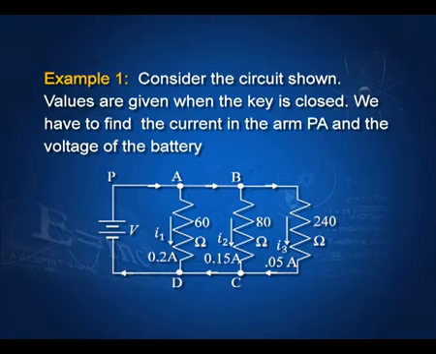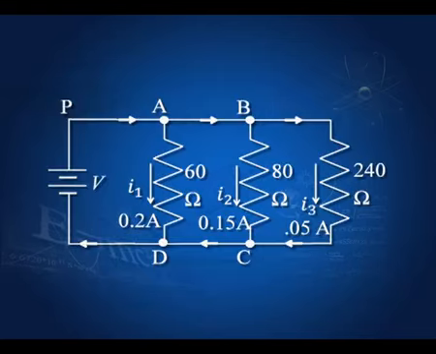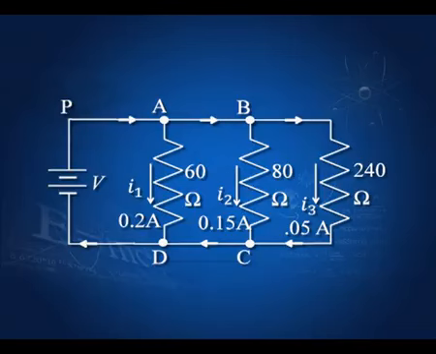So, that is how we do it in different loops. Now, take this example. Consider the circuit shown, values are given, and we have to find the current in the arm PA, in this arm, and the voltage of the battery. To find the voltage of the battery, we need the current, as well as the equivalent resistance. Without going through Kirchhoff's laws, you can just find the resistance. These are parallel resistances, find the resistance, and therefore you can find the voltage if you know the current.